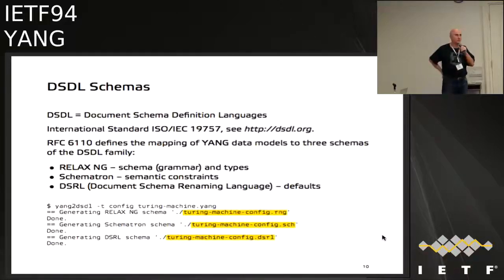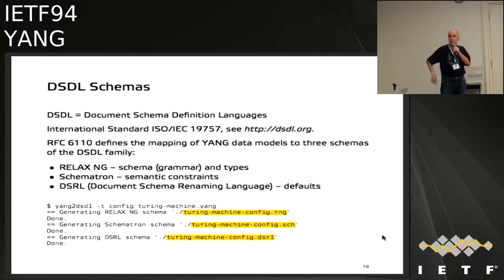It's done using so-called DSDL schemas. I don't want to go into details about this DSDL family of schemas because it requires some XML background. But it's an international standard, a coordinated set of schemas that essentially replace the W3C schema language and add some more possibilities for validating semantic rules and so on.